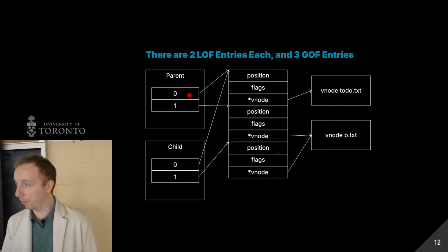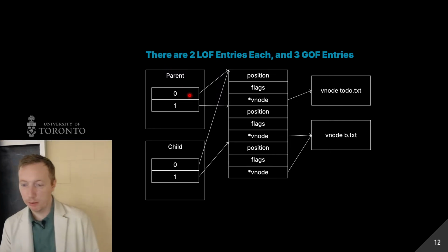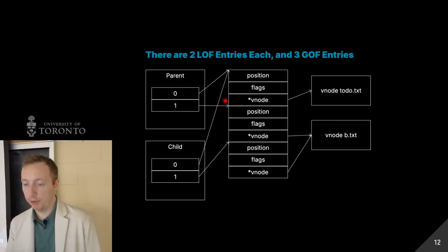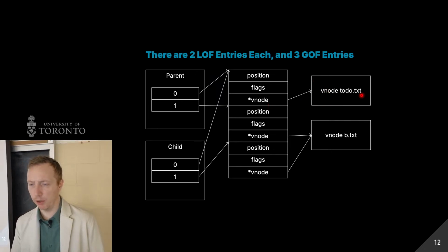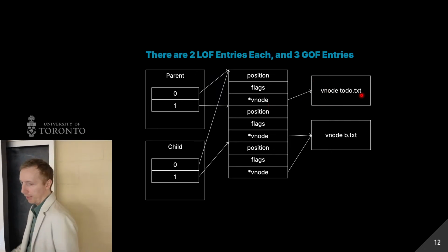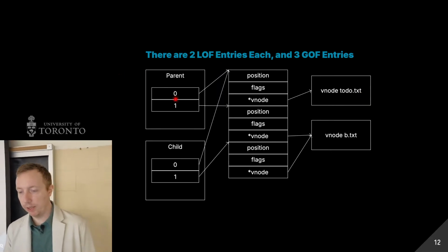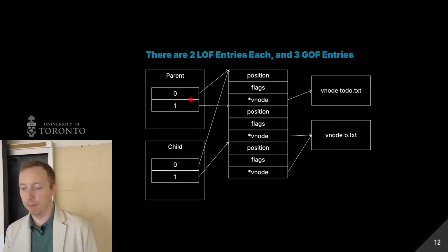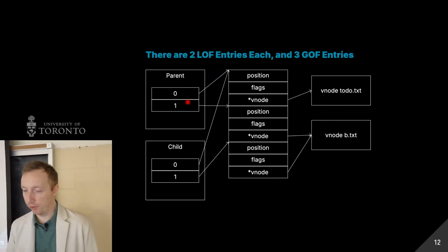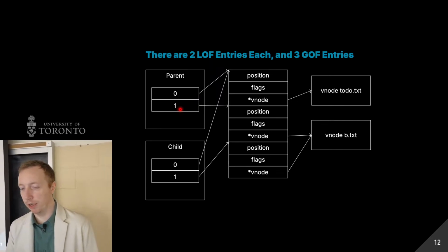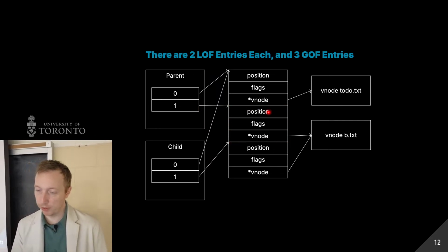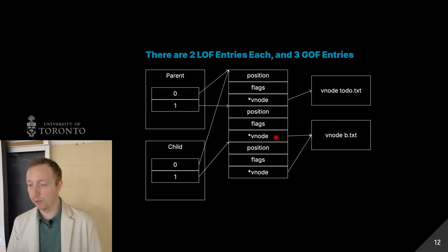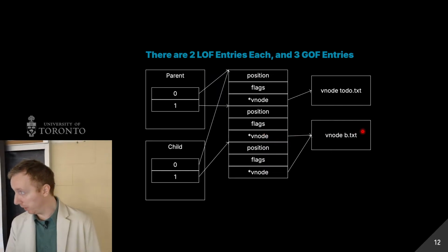File descriptor 0, which existed before the fork, has both of them pointing to the same global entry, which would be the same position, same flags, and same vnode pointer pointing to a.txt. Since I opened the second file after the fork, I don't know what order they'll run in, so let's assume the parent goes first. It would get a new file descriptor 1, which points to a new unique global open file table entry with its own position, own flags, and vnode pointer referring to b.txt.